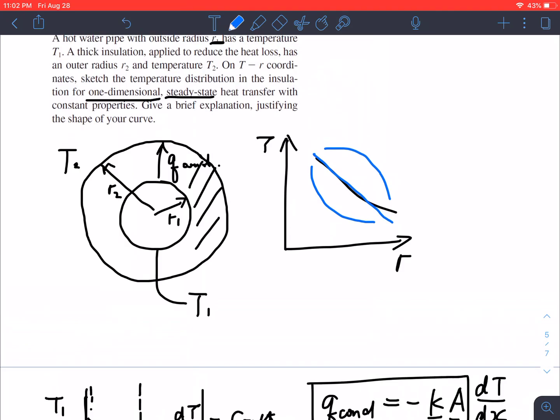Then if we go back here, with R increasing, the absolute value of the gradient decreases, which means the slope of the temperature distribution is not as steep, right? It's shallower, not as steep as at a smaller R, which is what we are drawing here.